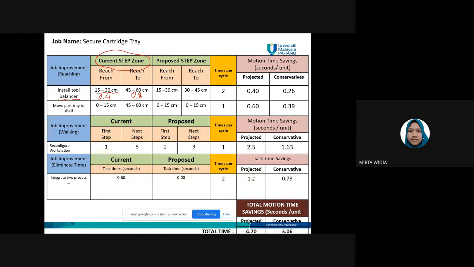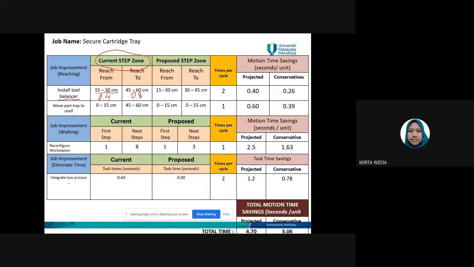And then we propose the improvement. We propose to reduce the reach distance, maybe by changing the position.